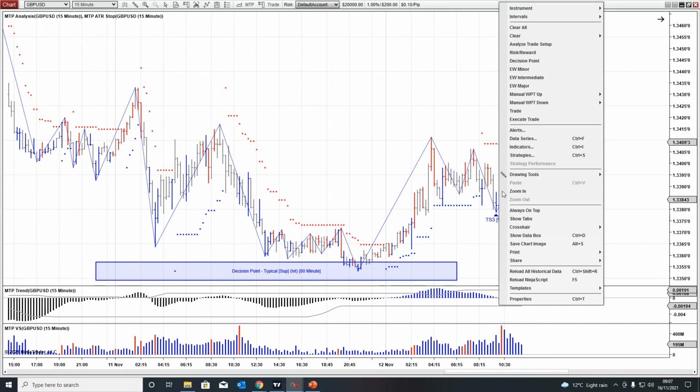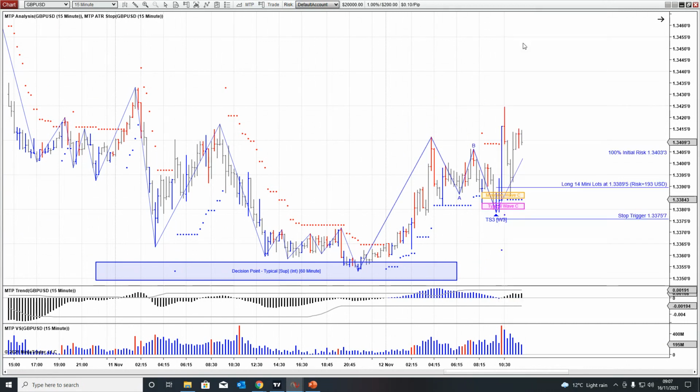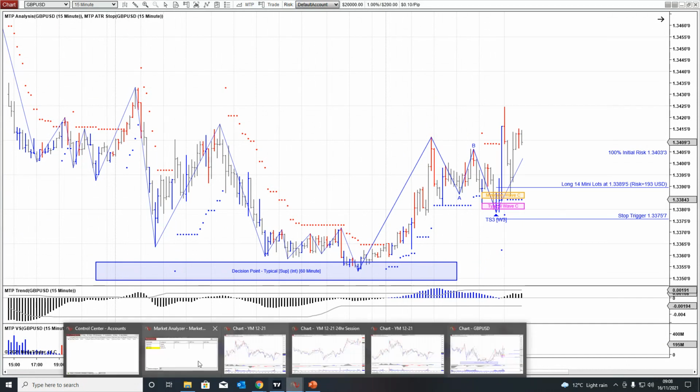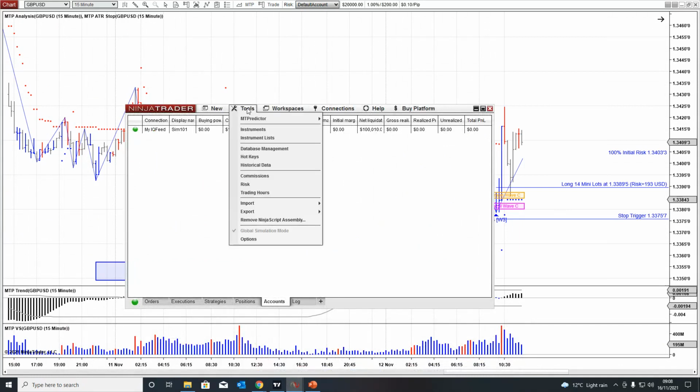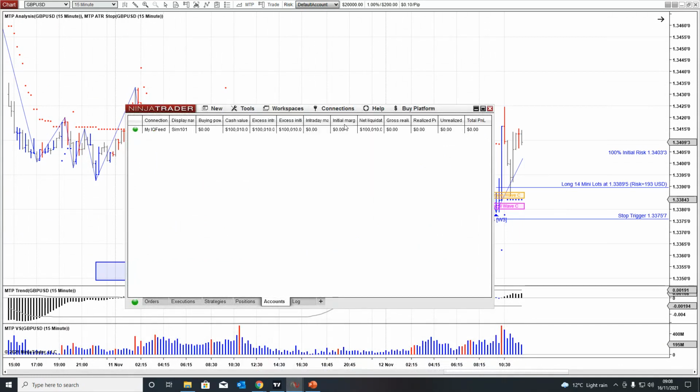So over the blue setup, we then click on Analyze Trade Setup, and this then gives you the entry. Now remember, we use position sizing. Here I've set this to 1%, but if I want to change that back to our default 2%, you go to Tools, MT Predictor, Settings.